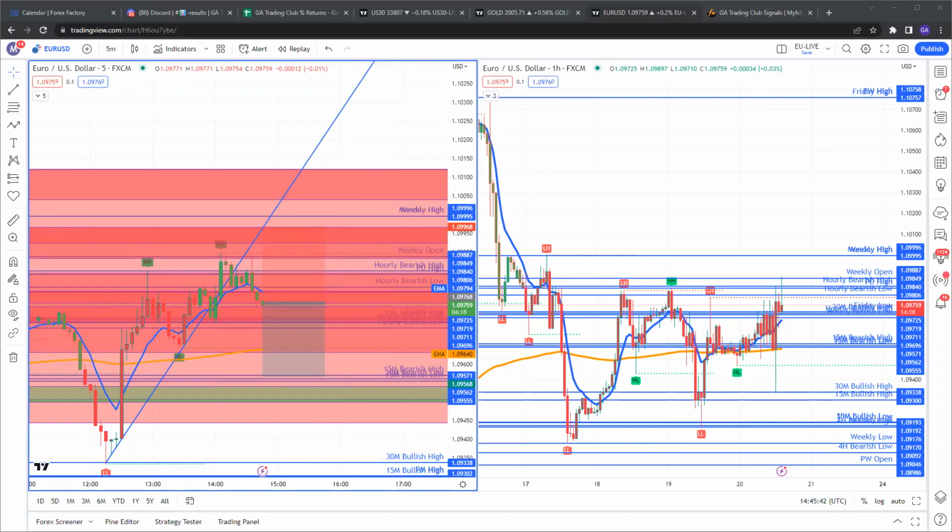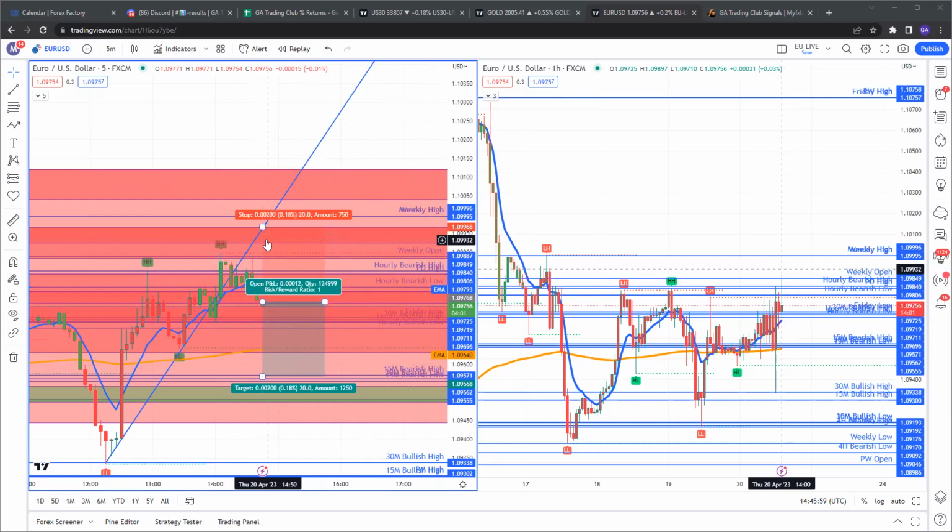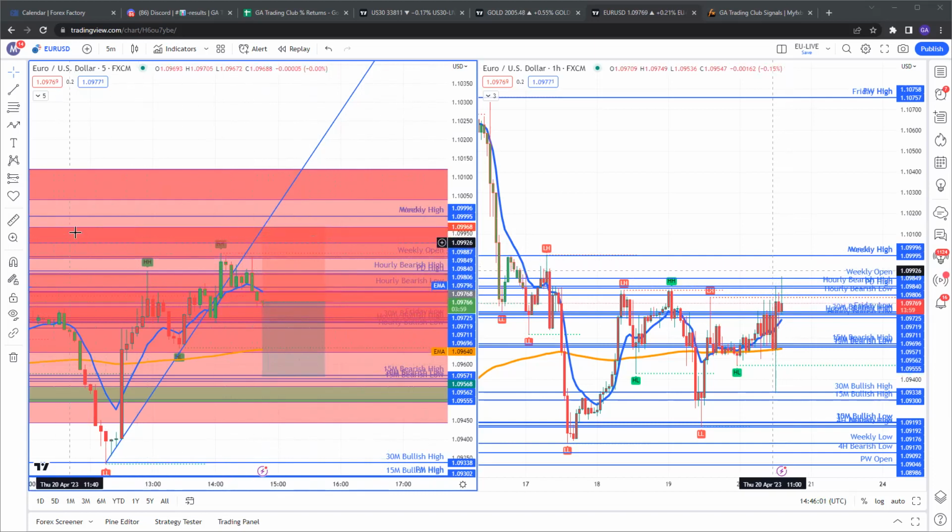Yeah, so these are the two. If you can, it's better to have your stop loss above all these sell zones, but we do have this hourly bearish high and bearish low. We have the previous daily high here. We have the weekly high to ideally protect our position. However, you see our stop loss is around the supply zone within a supply zone.